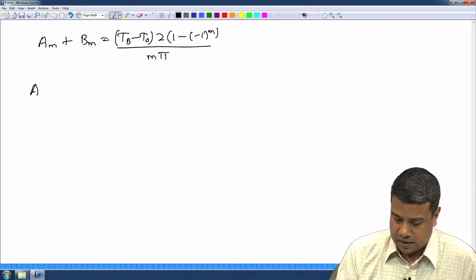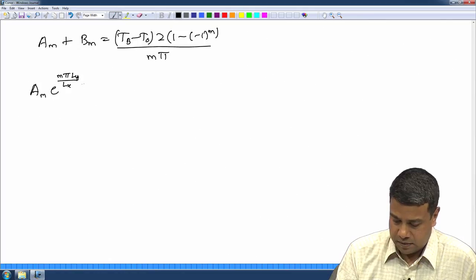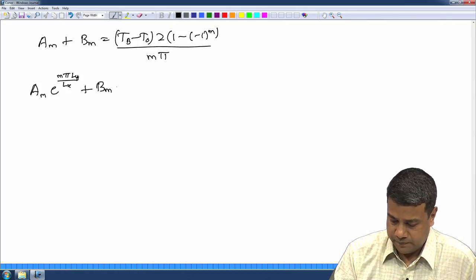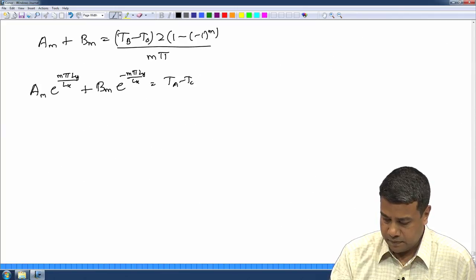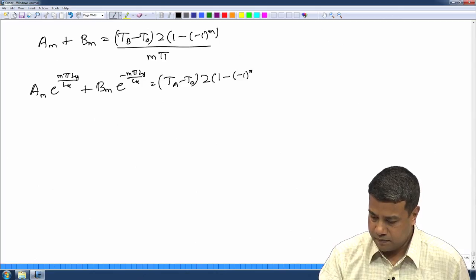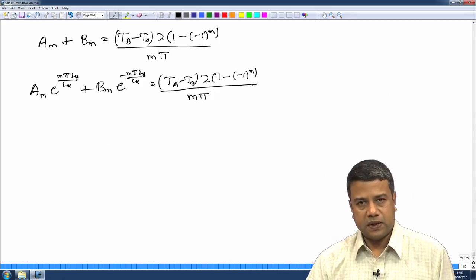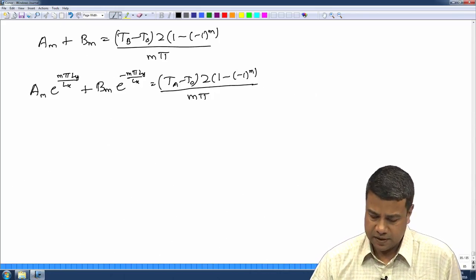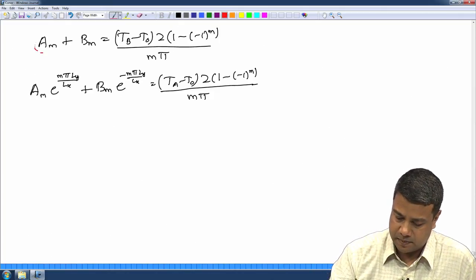And the other one is at Am e power. And these are two simultaneous equations that can be solved in order to calculate these constants Am and Bm.